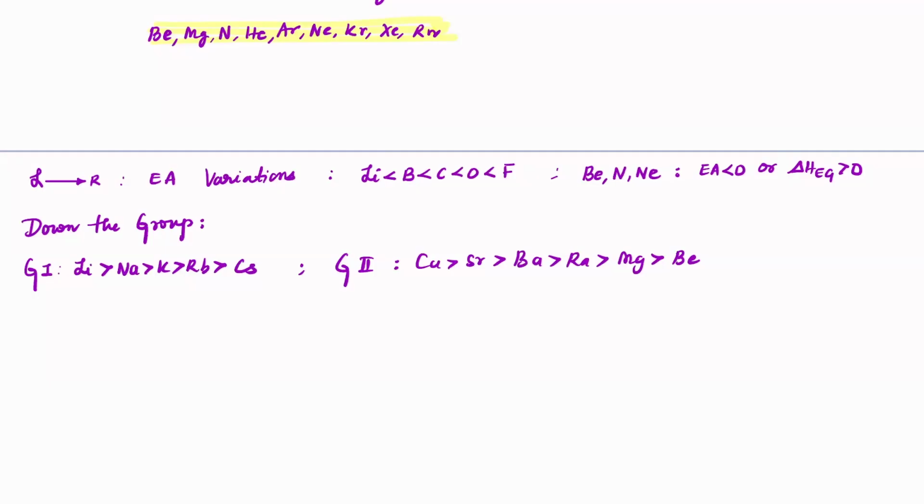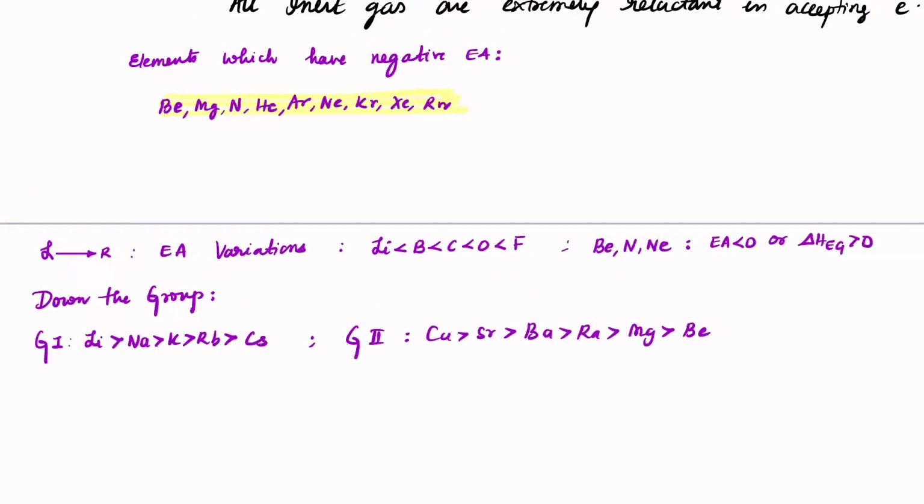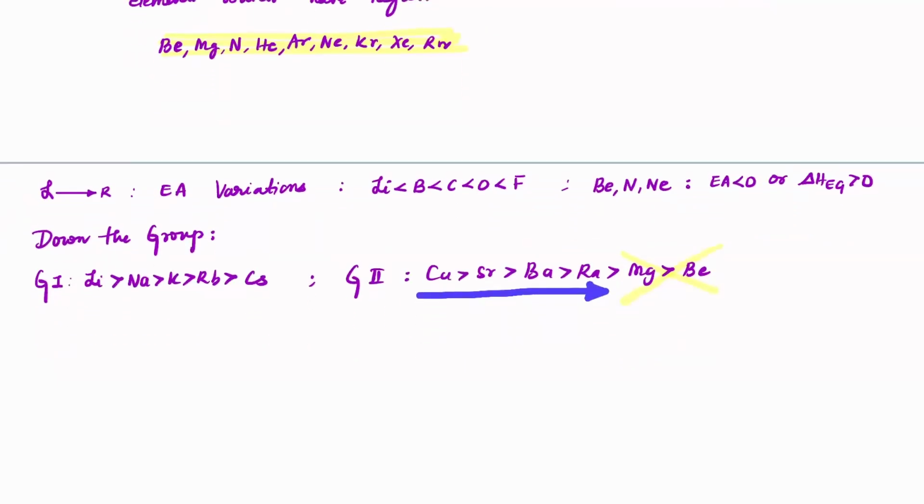Now the order is slightly different here in the case of group 2. Why is that different here? See, magnesium and beryllium, we just discussed that they belong to this category where they do not take electrons and release energy. Since they do not release energy, we will not be including those two here. So we only need to compare calcium, strontium, barium, radium. And they will regularly decrease down the group.